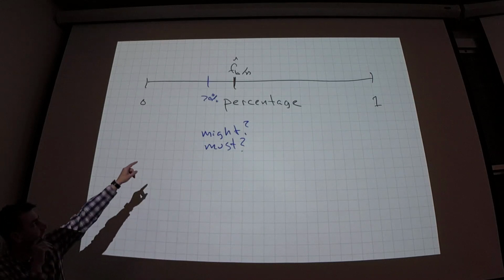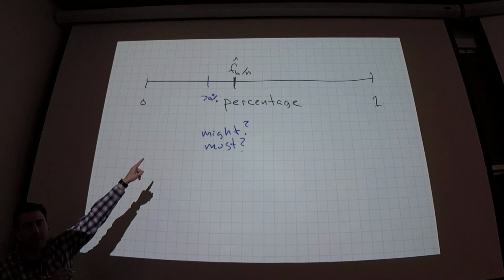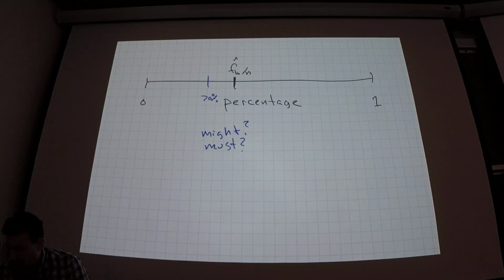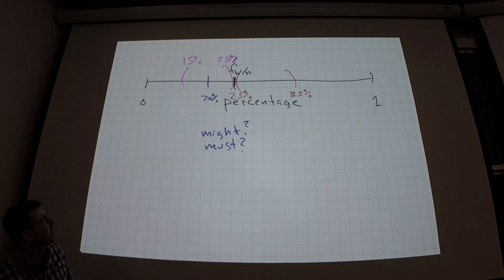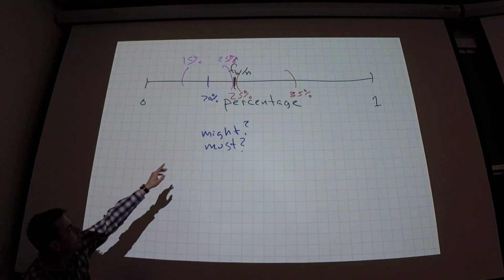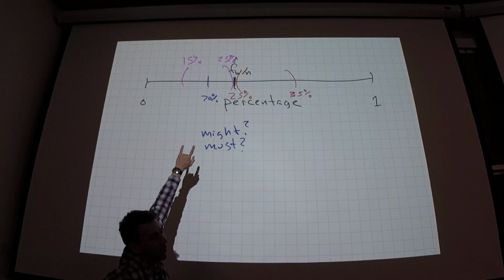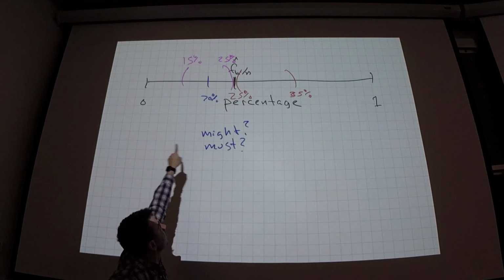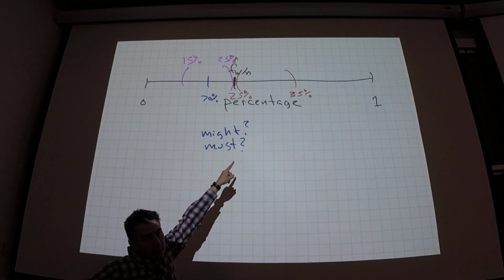How we should think about this is, I don't know the true value, but I've got an estimate. Depending on the algorithm, if my estimate is 25%, then for one algorithm I know the value has to be between 25 and 35%. For the other algorithm, it has to be between 15% and 25%. So if I'm asking, might it be above 20%? For one, it might be, because there's some chance it's less than and some chance it's greater than. For the other one, it must be above 25%.